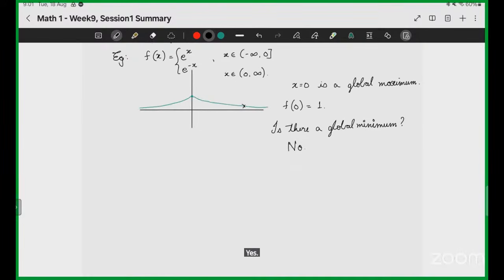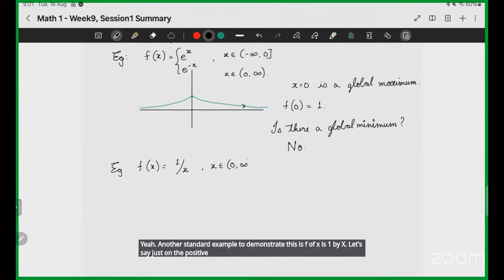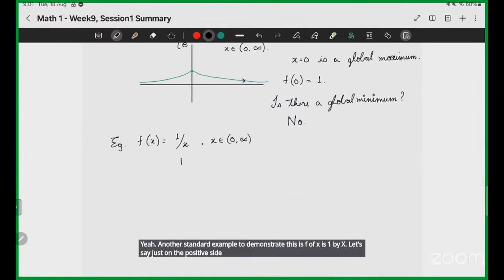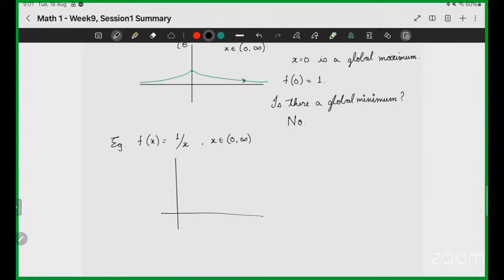Another standard example to demonstrate this is f of x is 1 by x, let's say just on the positive side. The graph of this function will look something like this.